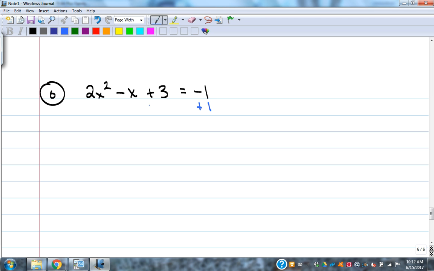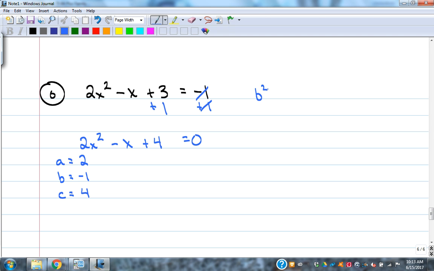Add 1, yeah. Add 1 to the like term of 3. There. There's the equal to 0. And there's our quadratic equation. Since we're practicing definitely using quadratic formula, I'm just going to go ahead and go for that. So a is 2, b is negative 1, and c is 4.